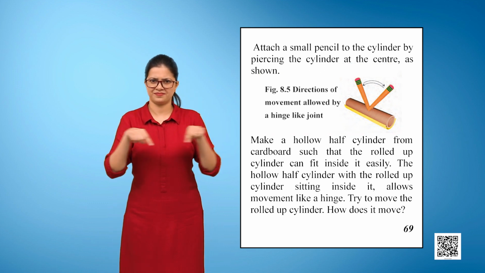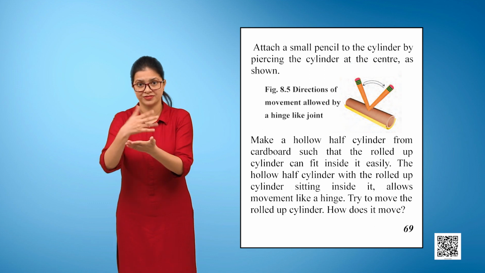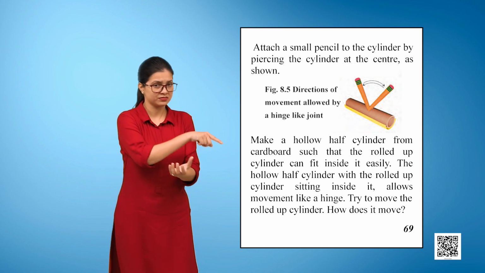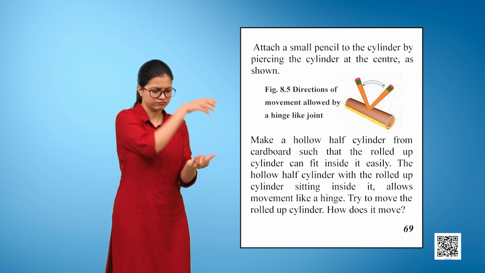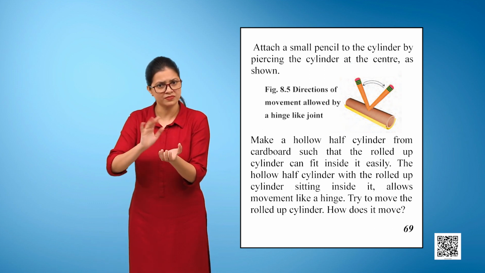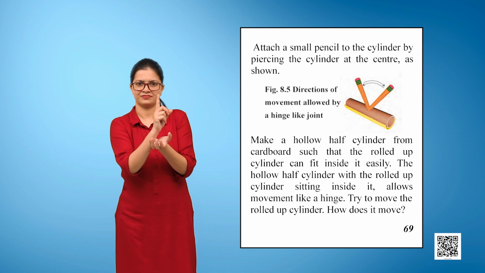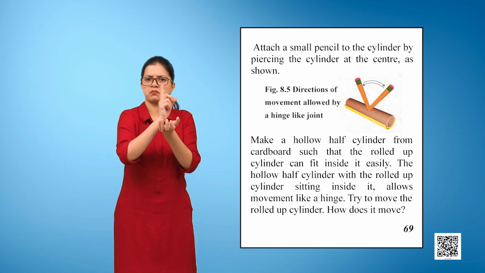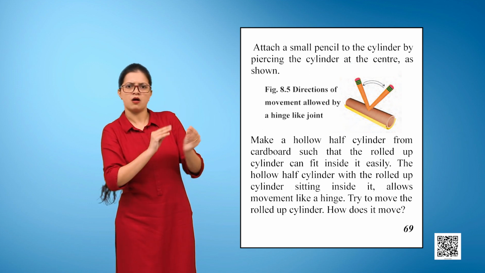Make a hollow half cylinder from cardboard such that the rolled up cylinder can fit inside it easily. The hollow half cylinder with the rolled up cylinder sitting inside it allows movement like a hinge.